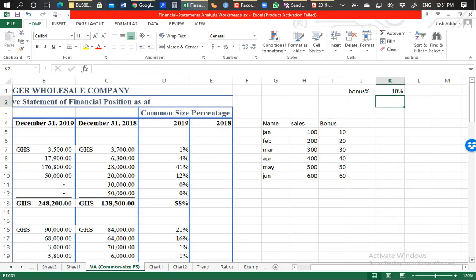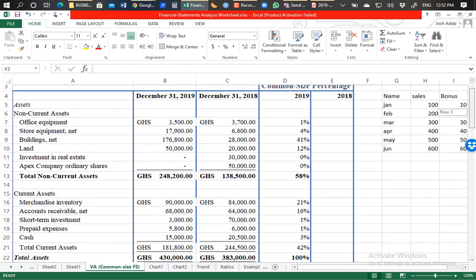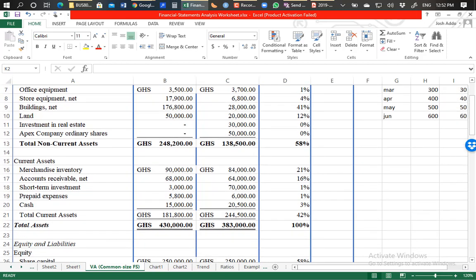Yes, you compare every item to a base item. So let's go back. Vertical analysis. So this is the statement of financial position. The appropriate base item has been the total assets.